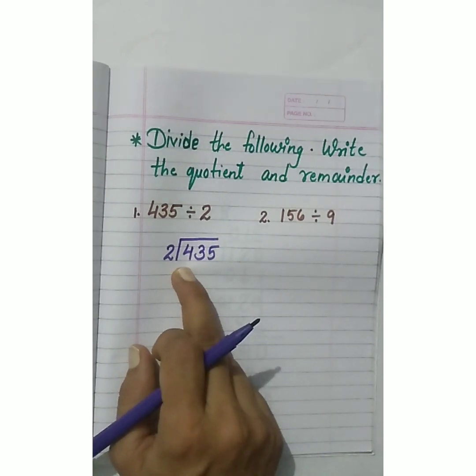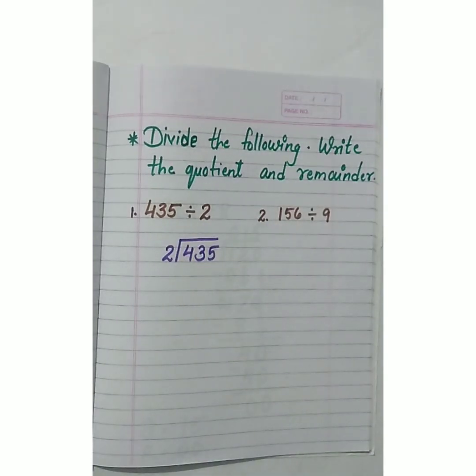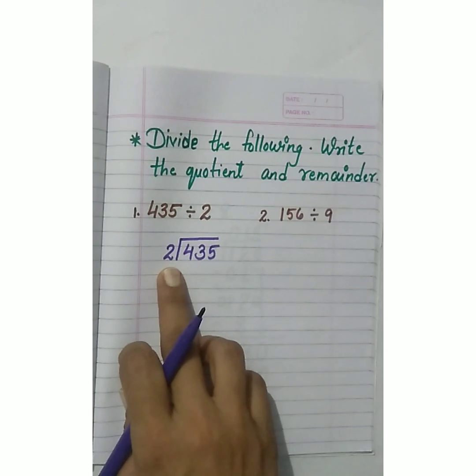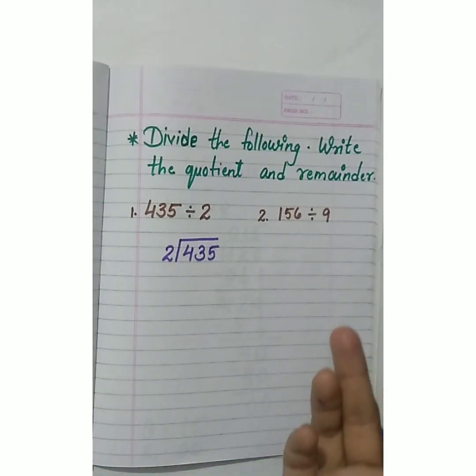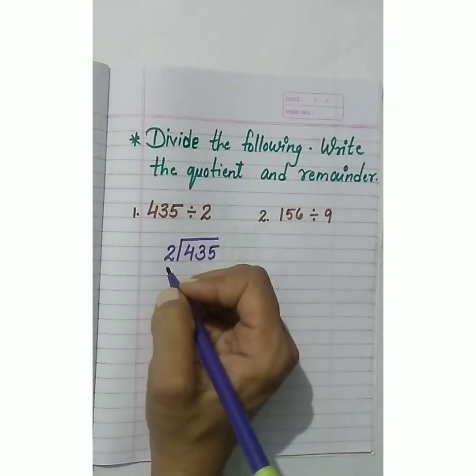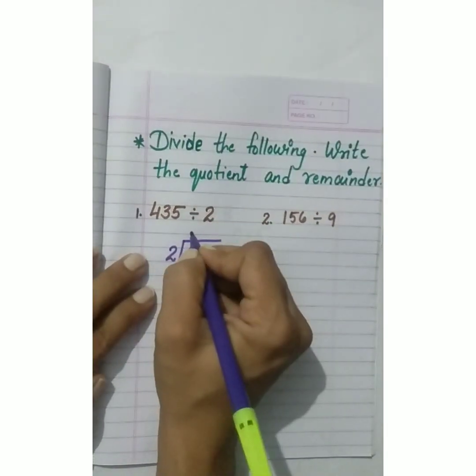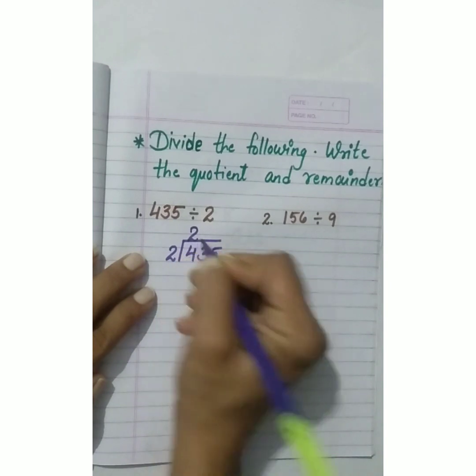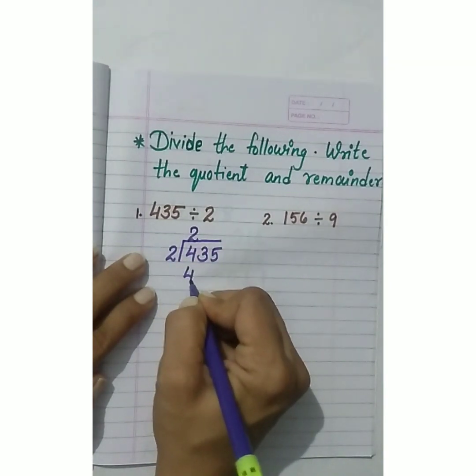So first we will check whether 4 is less than our divisor or more than our divisor. So here 2 is our divisor. So this 4 is more than 2. So we can divide it by 2. So 2 ones are 2, 2 twos are 4. So I am going to write here 2 and here 4.